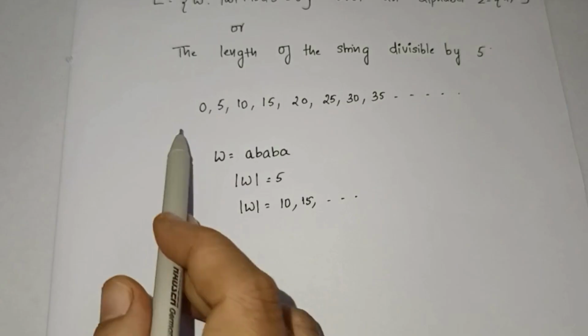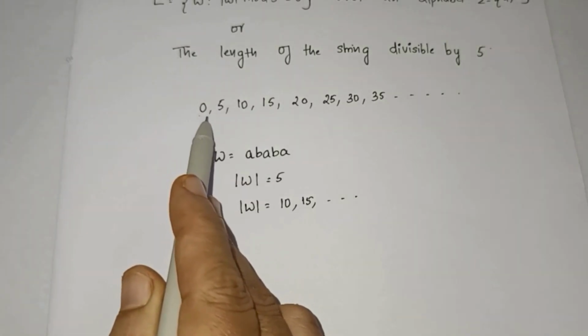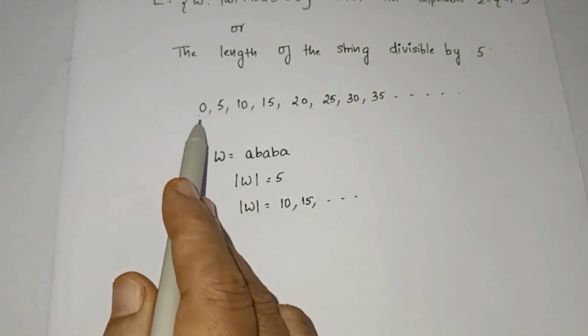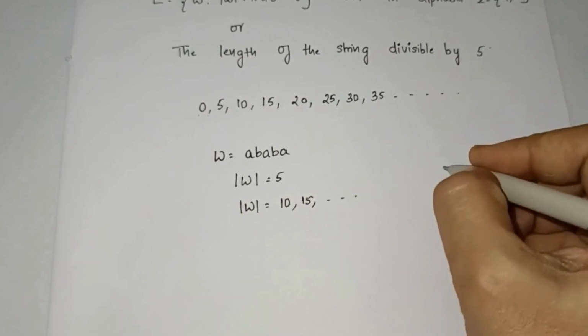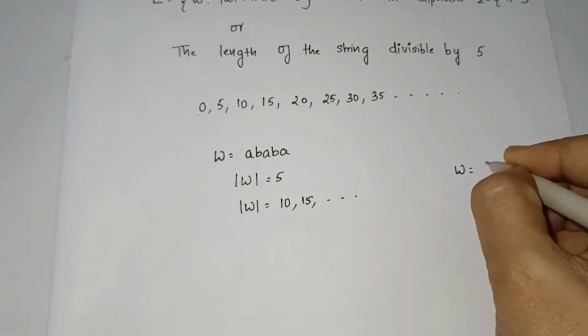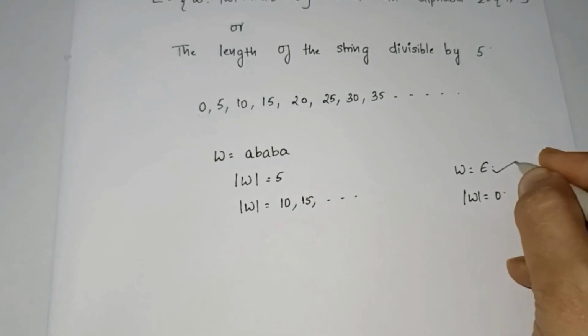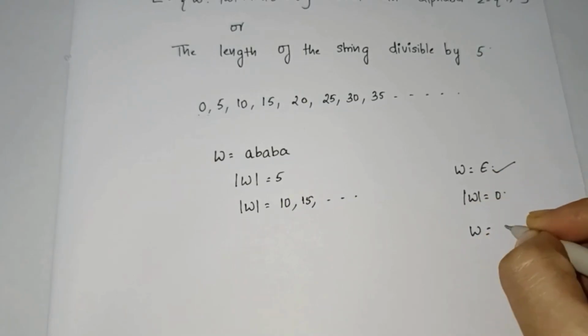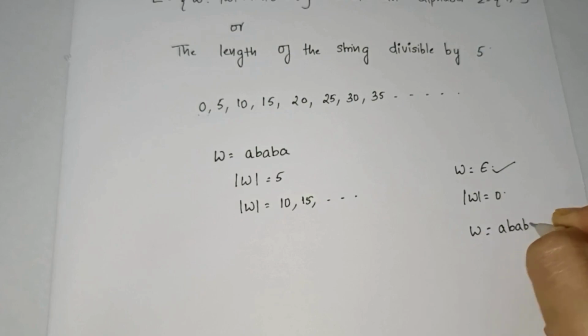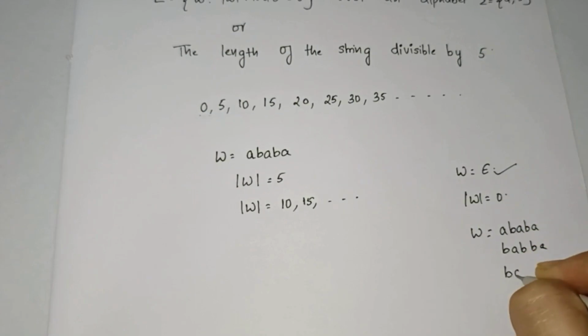The basic string should be of length 0. Length 0 means no symbol should be there. Hence W becomes epsilon, and the length of W is 0. This is the basic string. The next string should be of length 5. It can be any combination, ABABA or BBABA, something like that.